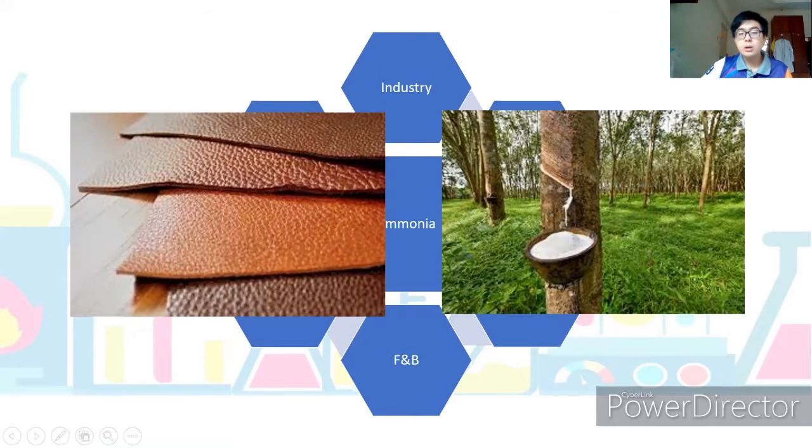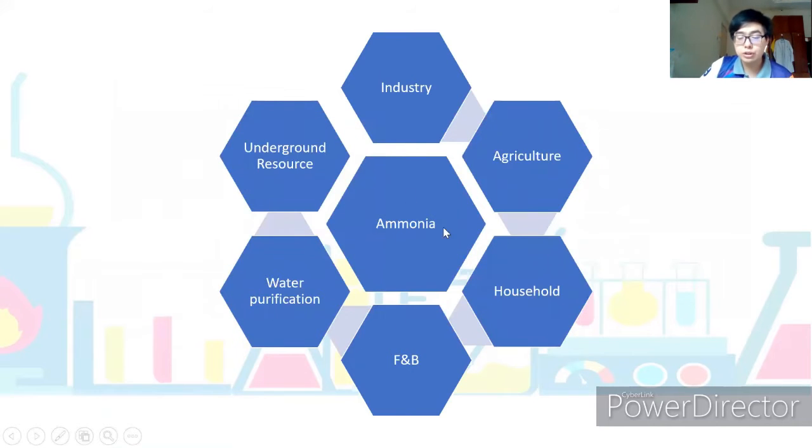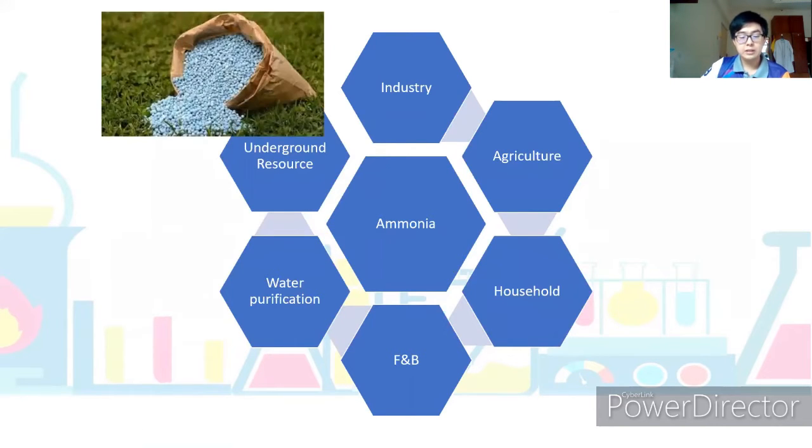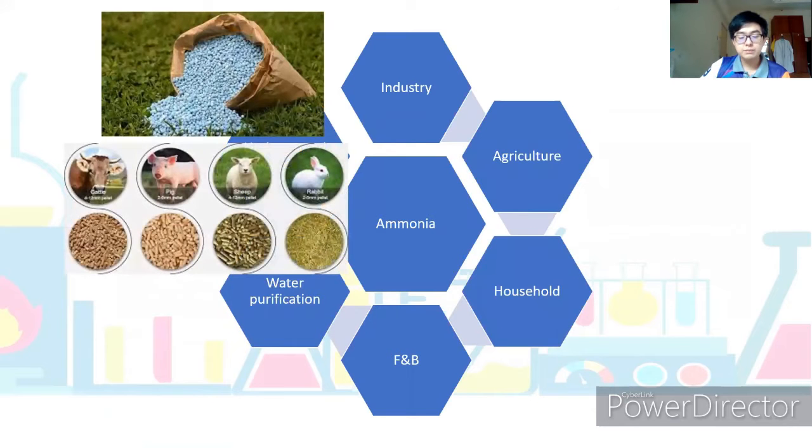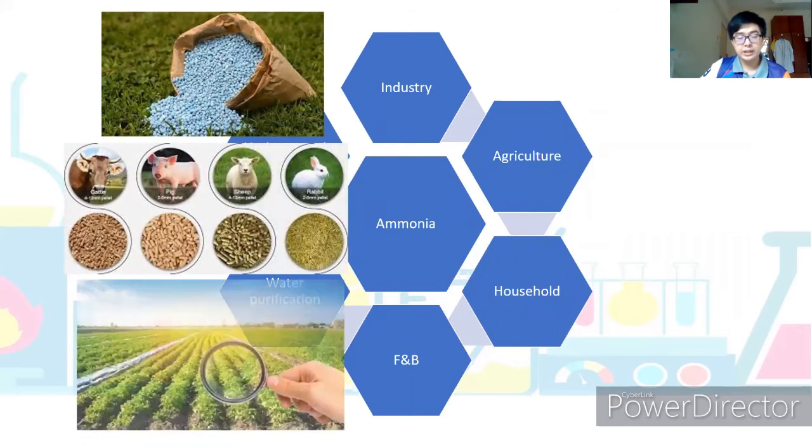Moving on, in the agriculture sector, about 80% of the ammonia is used in fertilizer, livestock feeds, and also crop protection. So we know that ammonia is a very important source for fertilizer. It helps the plants to grow.